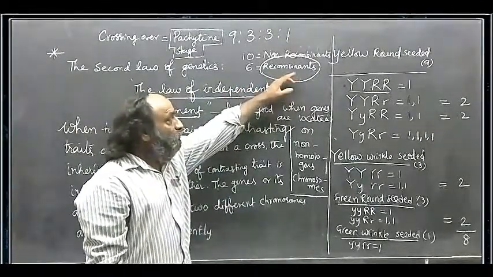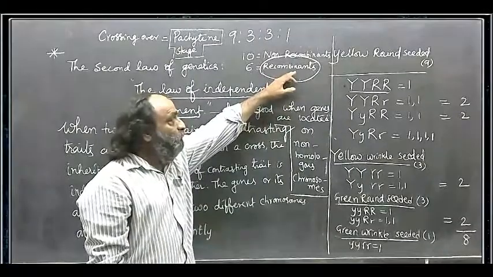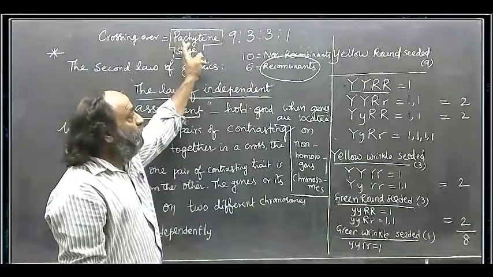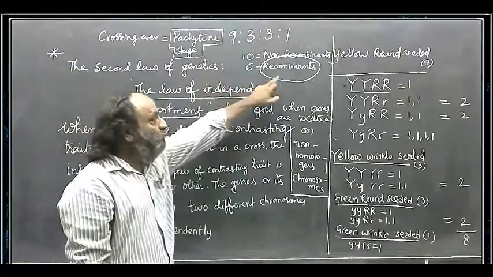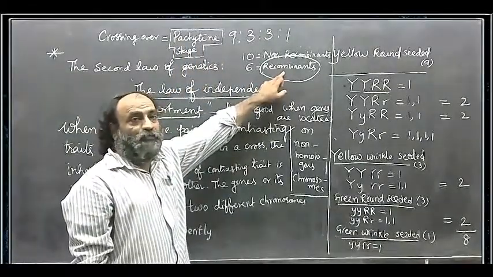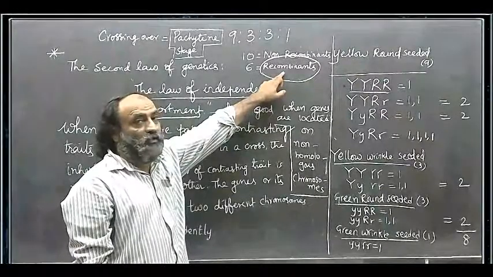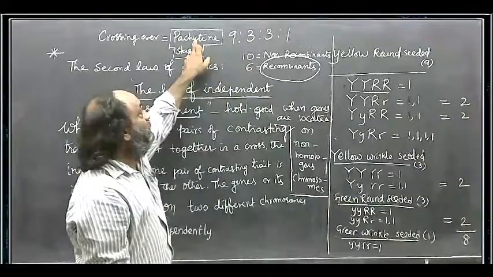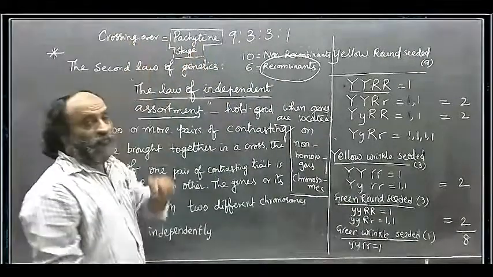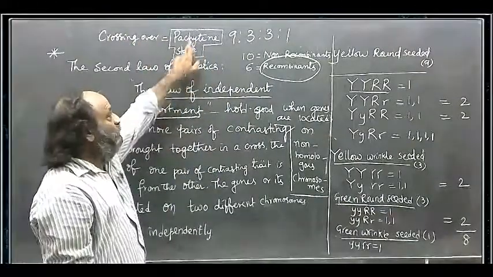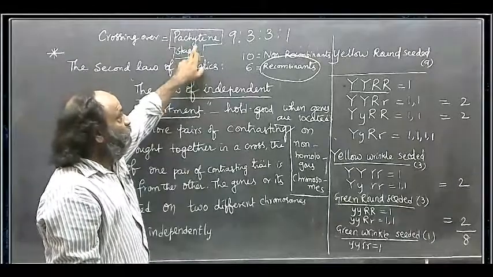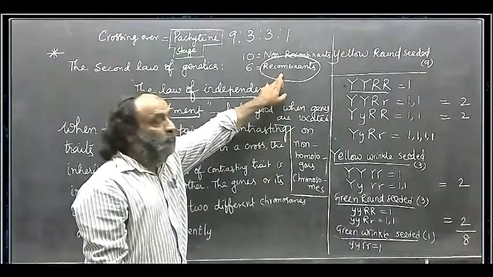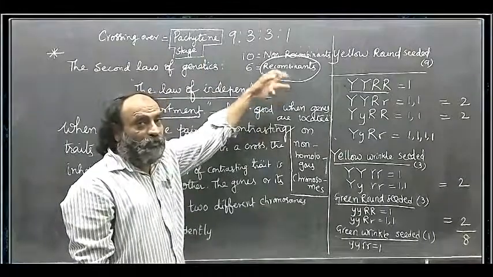Sometimes a question is framed: which stage of meiosis is responsible for the appearance of recombinants in the F2 generation of a typical dihybrid cross? It is the packaging stage of meiosis.